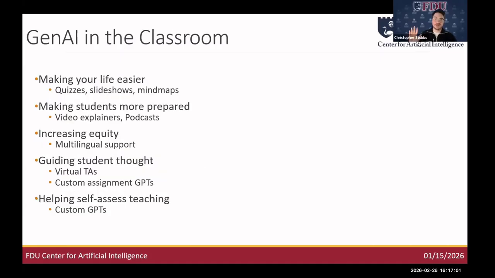And then the focus of today is Gen AI in the classroom, and the use cases that we're going to cover are how to make your life easier. So how to use Gen AI to help you make quizzes, slideshows, and mind maps to better understand the content you're teaching, making students more prepared with video explainers and AI generated podcasts, increasing equity with multilingual support, and guiding students in their thought processes to make them more deliberate in their decision making.